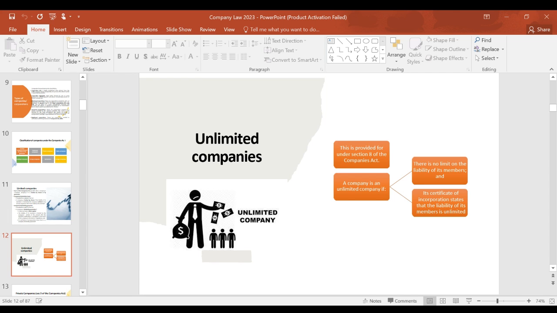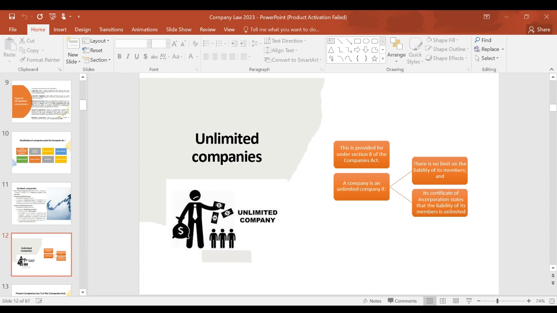So, in case a company is being wound up and the debts of the creditors have not been met by the company assets, the creditors can absorb the remaining amount from the shareholders. So the shareholders' personal assets can be absorbed to meet the debts or liabilities of that particular company.